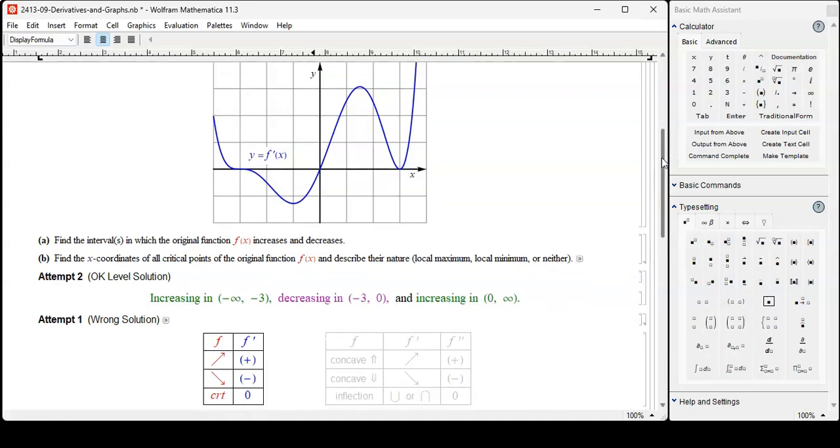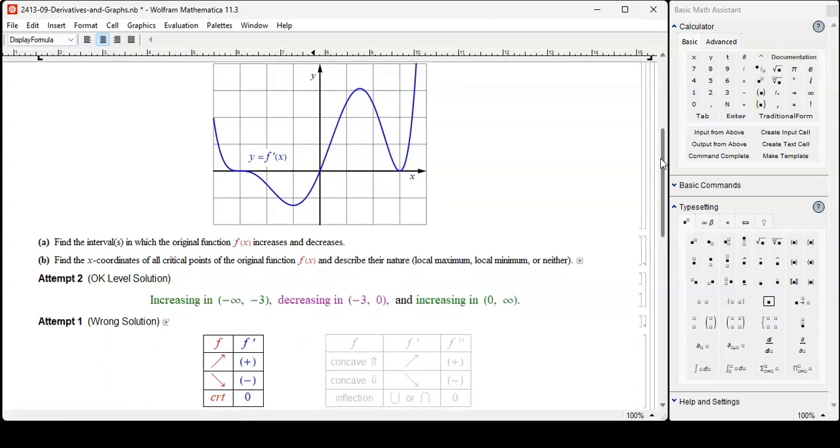Those are associated to this distinction. Here, this portion is above the x-axis, so positive. This portion is above the x-axis, so positive again.